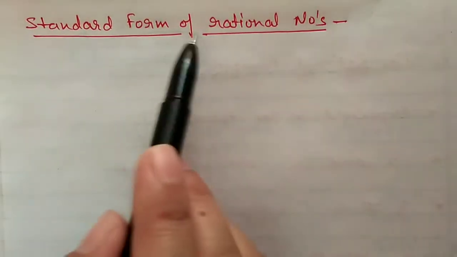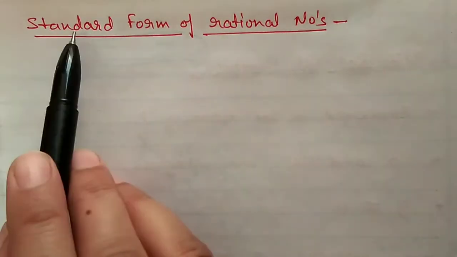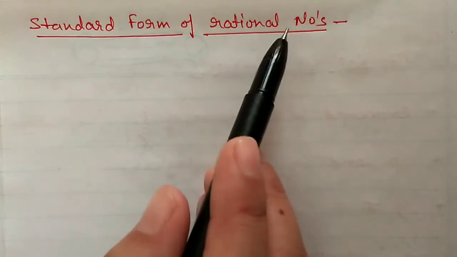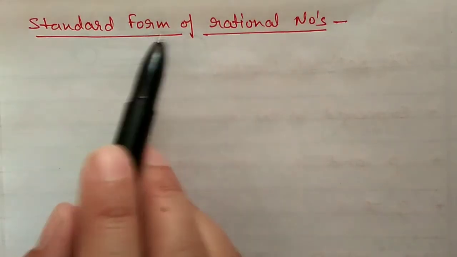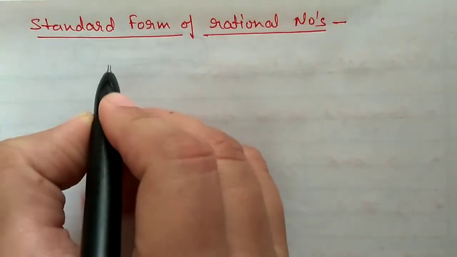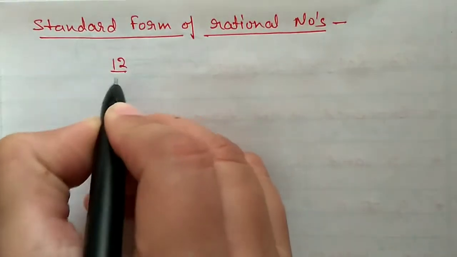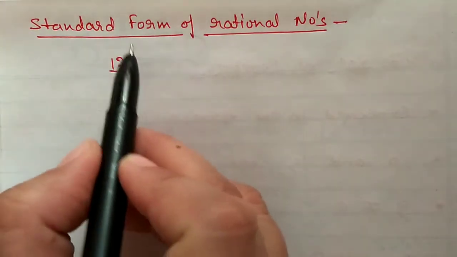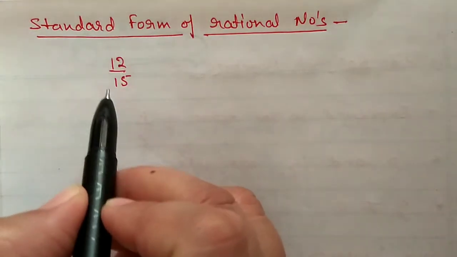Next, we have the standard form of a rational number, or we can say the simplest form of a rational number. This is similar to the standard form of a fraction or simplest form of a fraction. So suppose you have a rational number like this, 12 by 15. What is the condition here? Nothing should be common in the denominator and numerator.